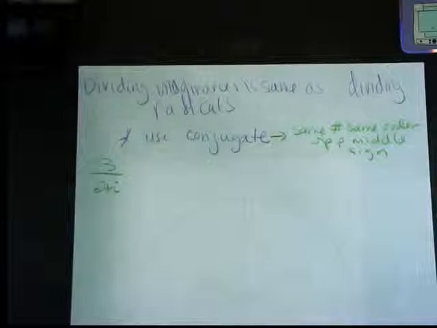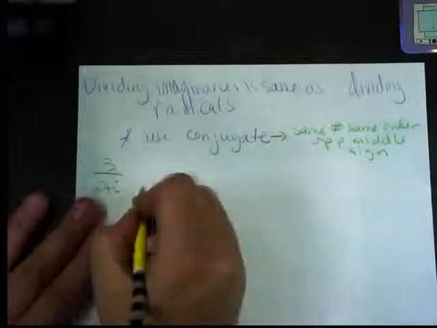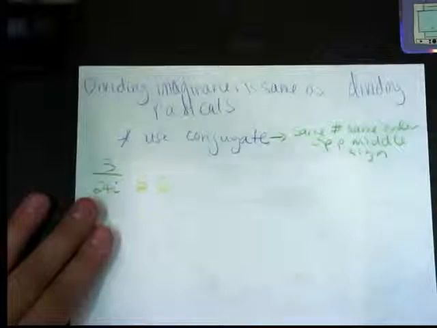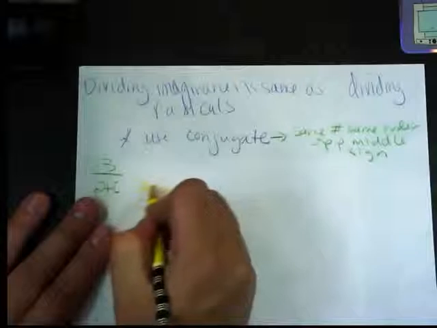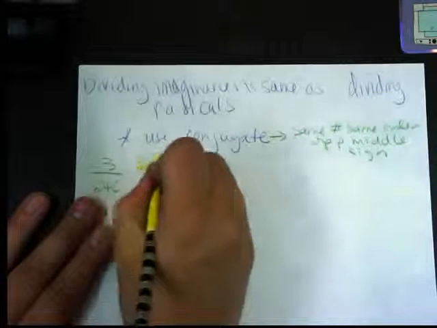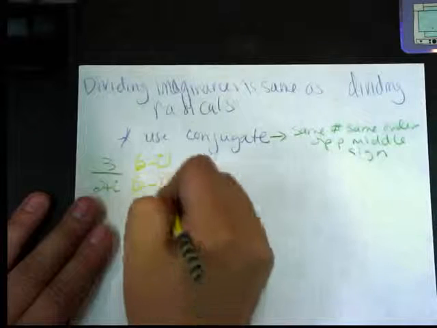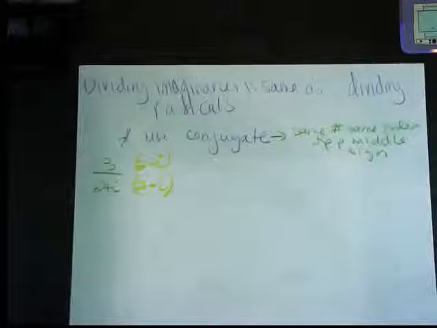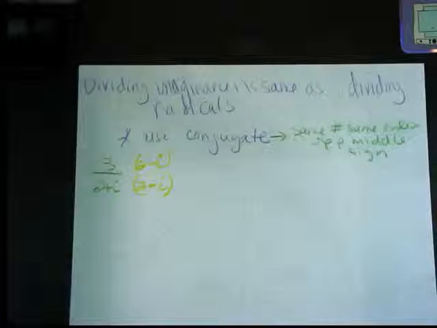So for this example, the conjugate of 2 plus i is going to be 2 minus i. And what we do to the bottom, we've got to do to the top. So we're going to multiply the conjugate, 2 minus i, to the top and the bottom.